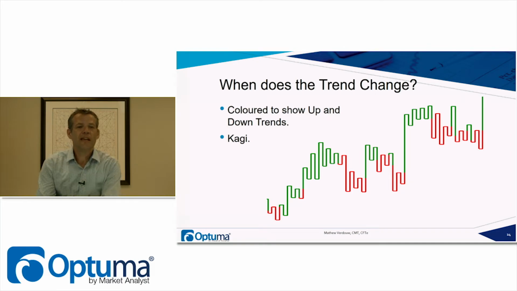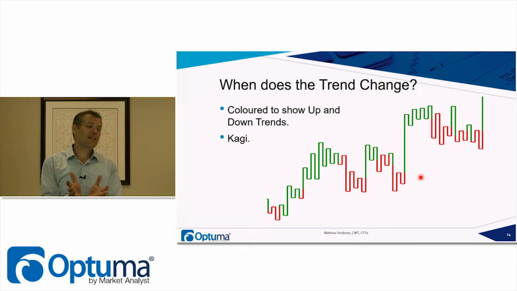But you can see, if we take this example here, where we've been up, we've had lots of inside movement actually, but the swing doesn't actually change until we take out one of the previous lows, which we did right here, and then it stays red to say the trend is down until we take out a previous swing high, and then we say the trend is up again. And so you can see that it's a nice way of being able to classify that.